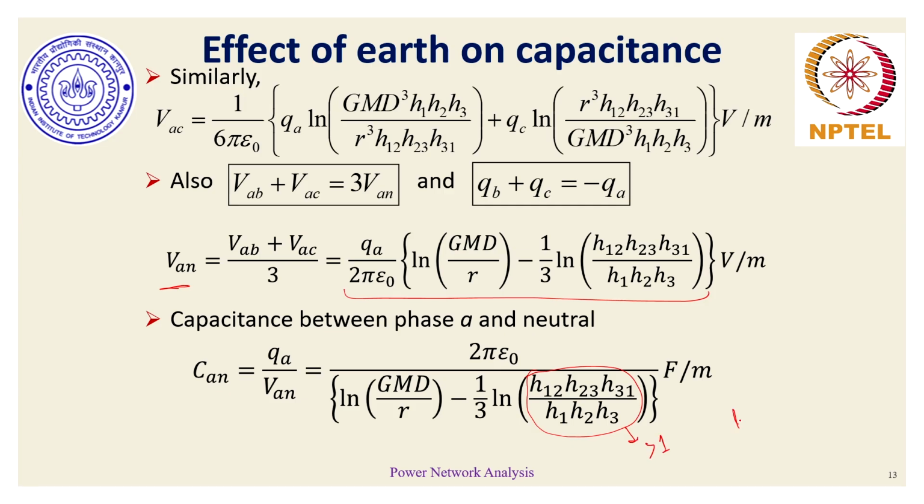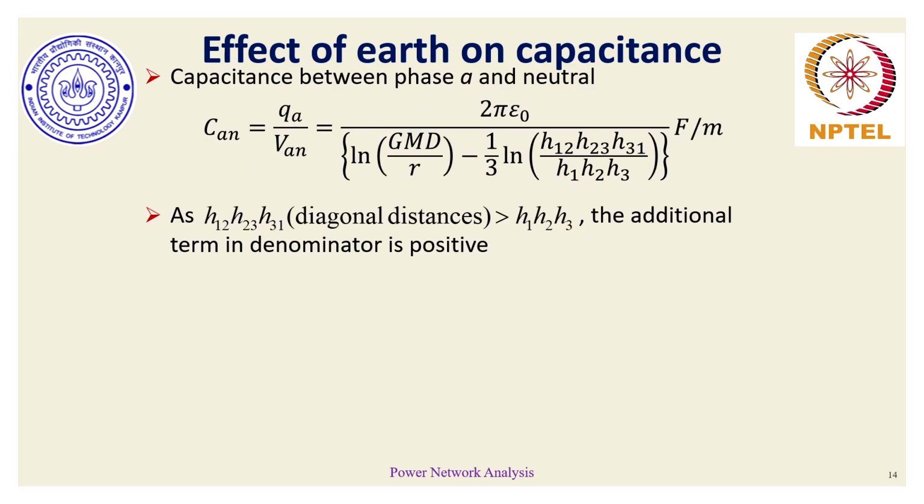That means the natural log of this term is going to be a positive number, which means when I multiply with minus 1 by 3, this term overall is trying to bring down the denominator value. If the denominator goes down in a particular ratio, the corresponding capacitance value should accordingly go up. And that's the reason why, the ratio being more than 1, overall capacitance due to earth increases.